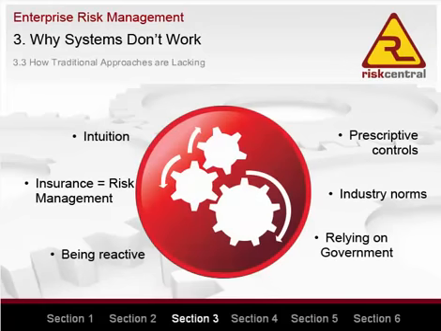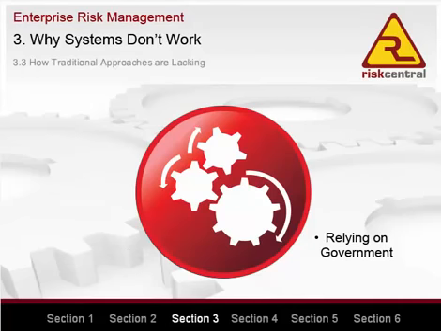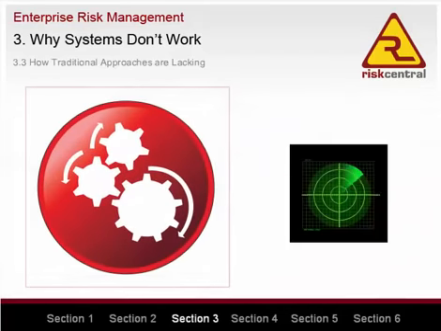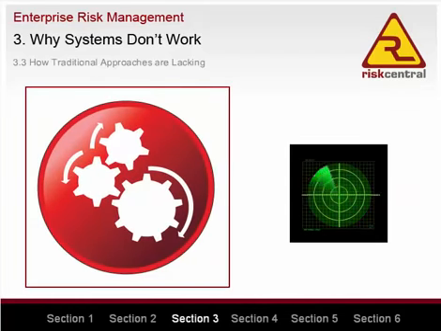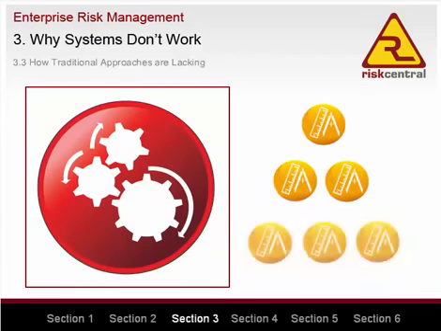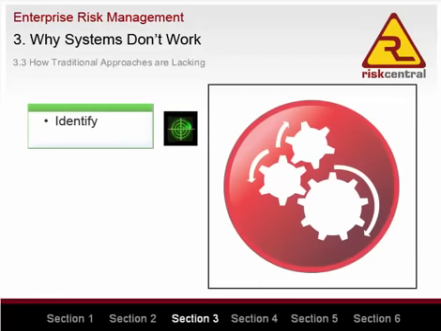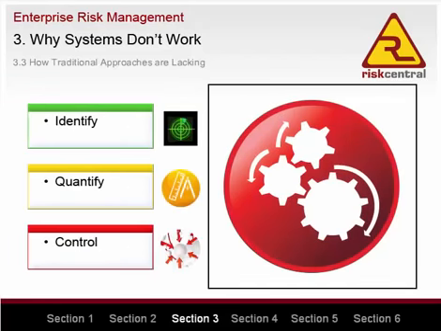But they cannot be relied upon by themselves to form an effective system because they lack an overarching high-level systematic process to ensure that all significant risks are systematically identified, all identified risks are systematically quantified and ranked, and all risks are systematically and appropriately controlled. This high-level systematic process, which identifies, quantifies, and controls significant risks, is therefore an essential part of every effective ERM system.